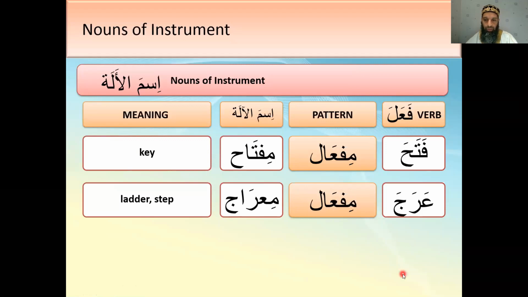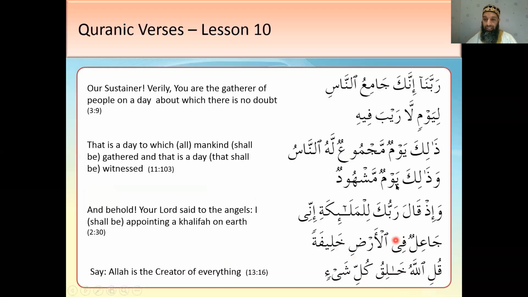Right. Okay, so let's see examples in the Quran where this is used. Rabbana, our Lord. Innaka, indeed you.